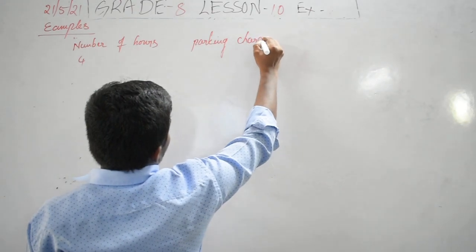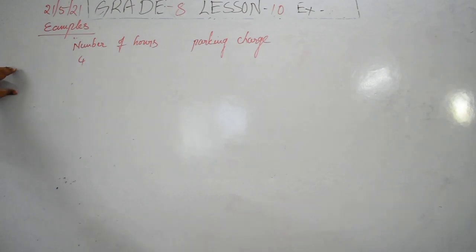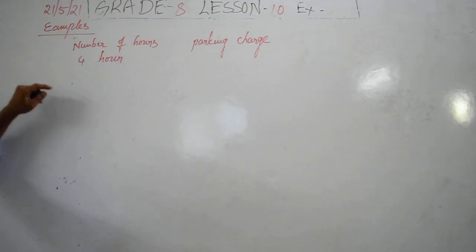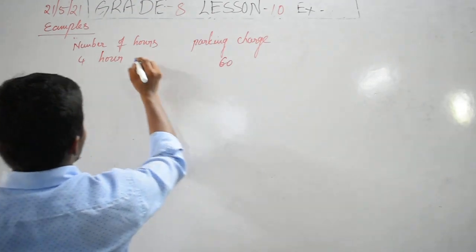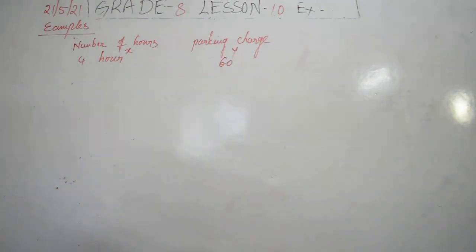Now for 4 hours in a car parking area, the parking charge is how much? 60 rupees. So this is the X quantity, this is the Y quantity.